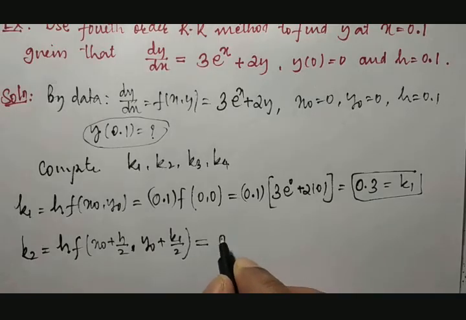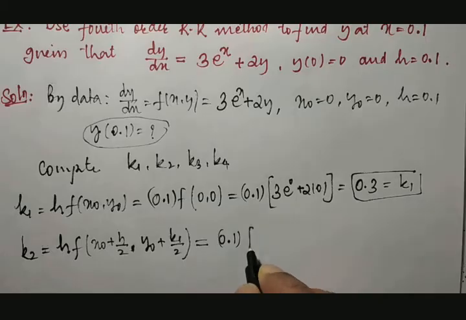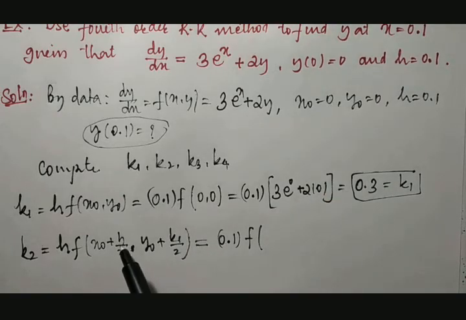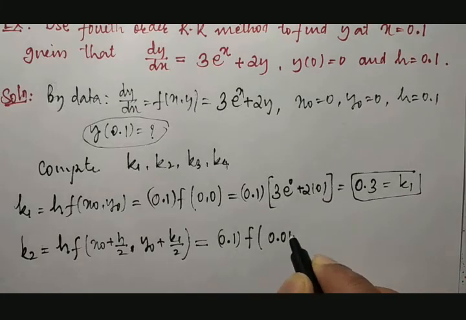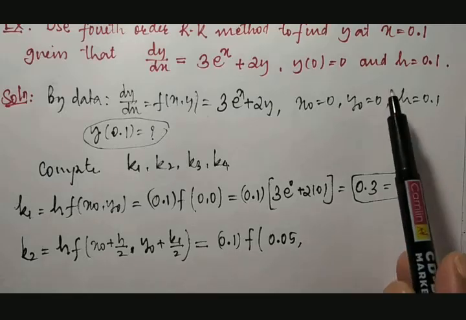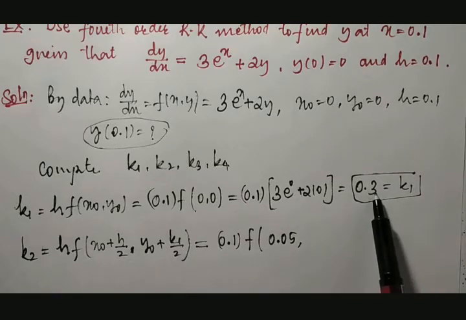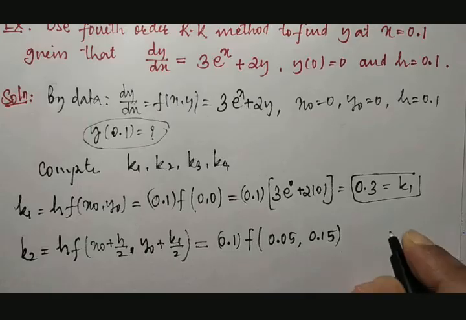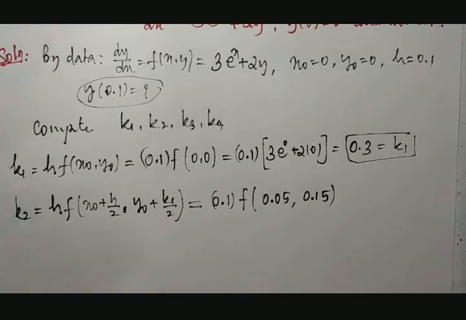Therefore, this is h, 0.1, into the functional value. x0 is 0, plus h, that is 0.1 divided by 2, so that is equal to 0.05, comma, y0 is also 0, and k1 is 0.3, 0.3 divided by 2 is 0.15.